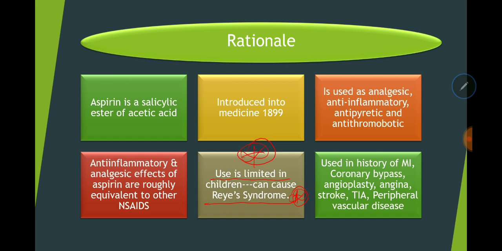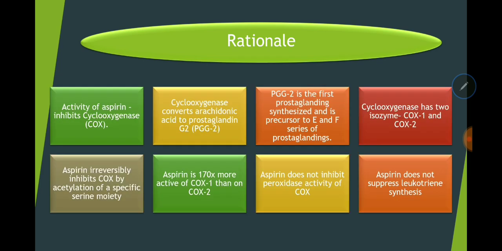If the patient had a hemorrhagic stroke, you don't want to give them blood thinners, because you don't want to exacerbate the bleeding. So transient ischemic attack or peripheral vascular disease, that's where aspirin is used. So make sure you know the uses of aspirin. This is very important here.